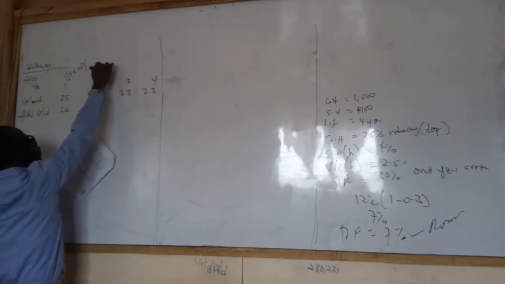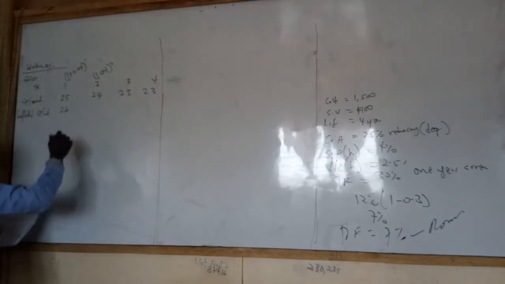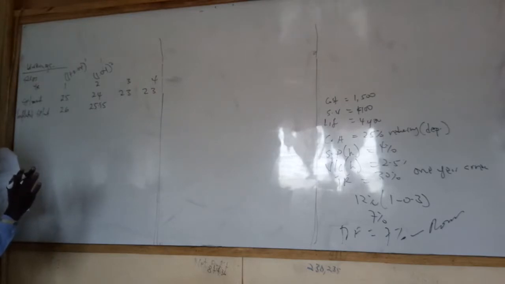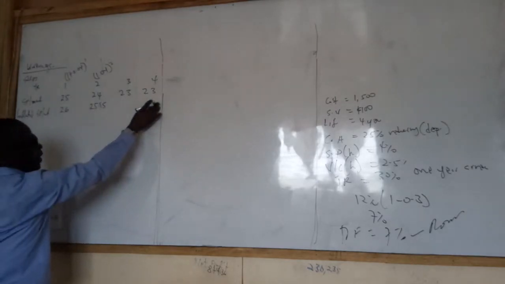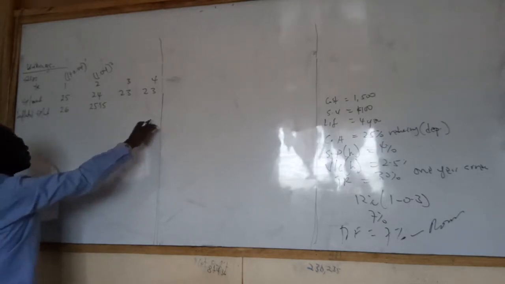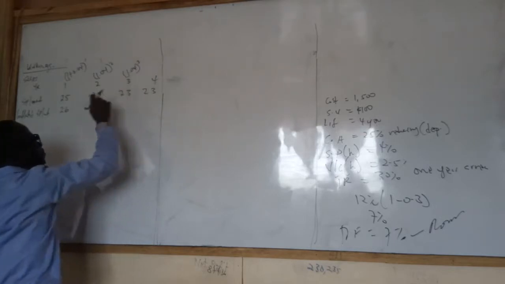So 1.04 exponent 2 times 24 gives 25.95. Don't approximate here. Leave it in 2 decimal places and then do any approximation in the final answer. The same thing, 1.04 exponent 3 by 23.